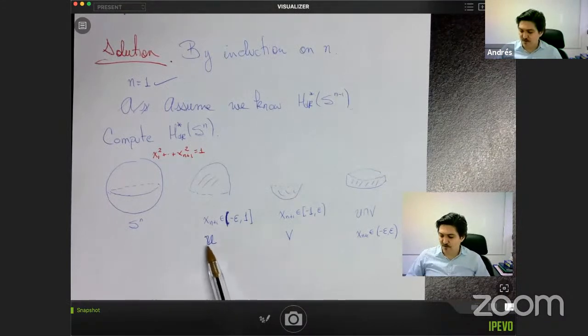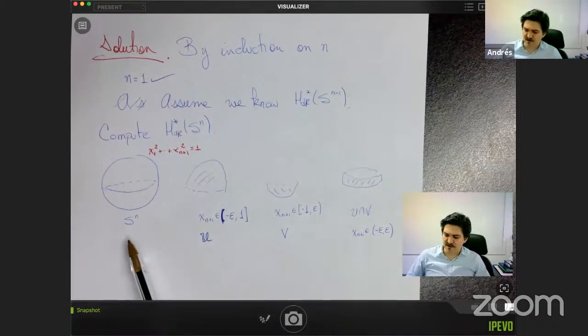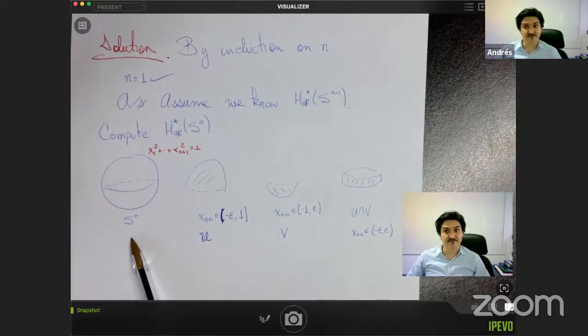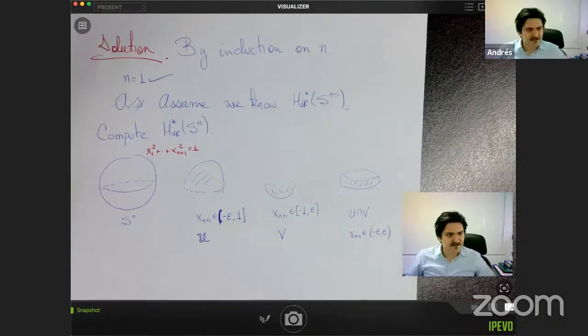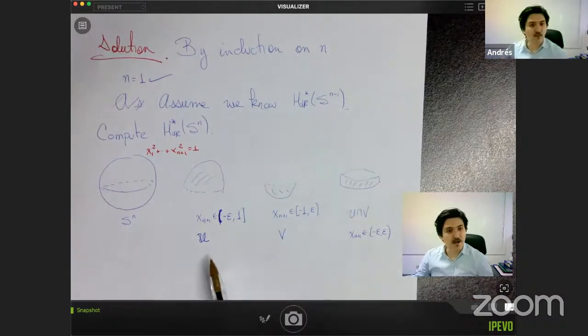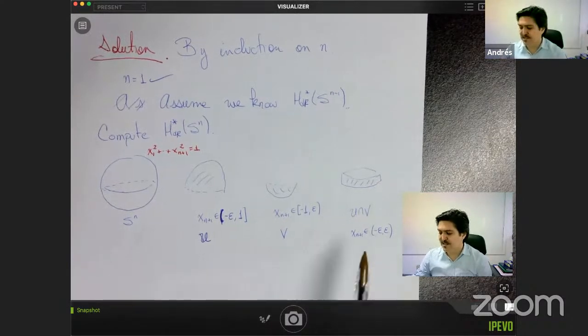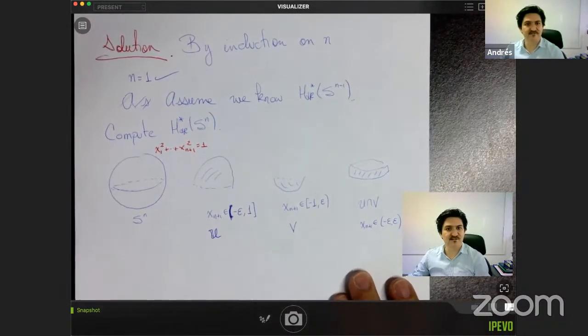Because if we don't, it will be a very complicated problem to come up with the cohomology of the sphere. So we need to choose U and V in such a way that we know their cohomology. Now, what can you say about these three spaces in terms of the topology?